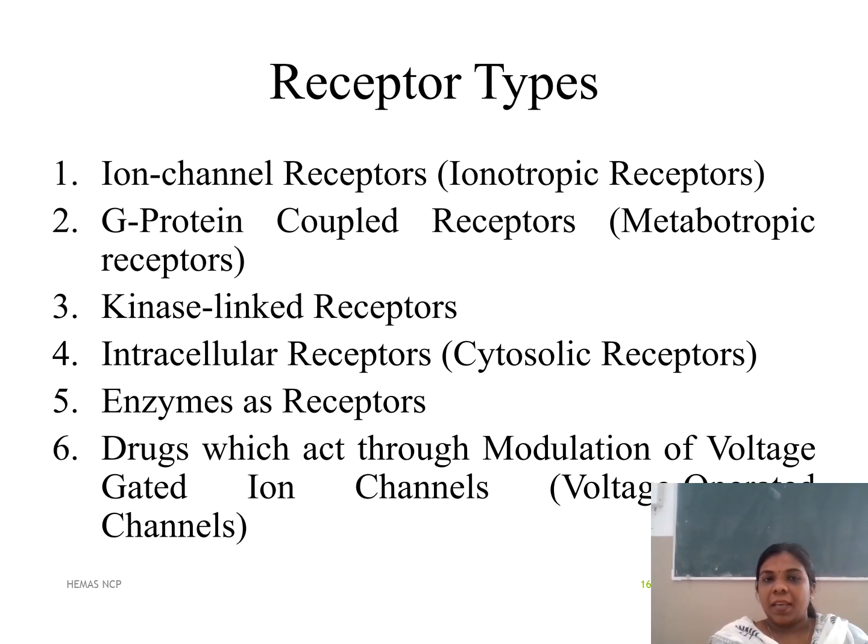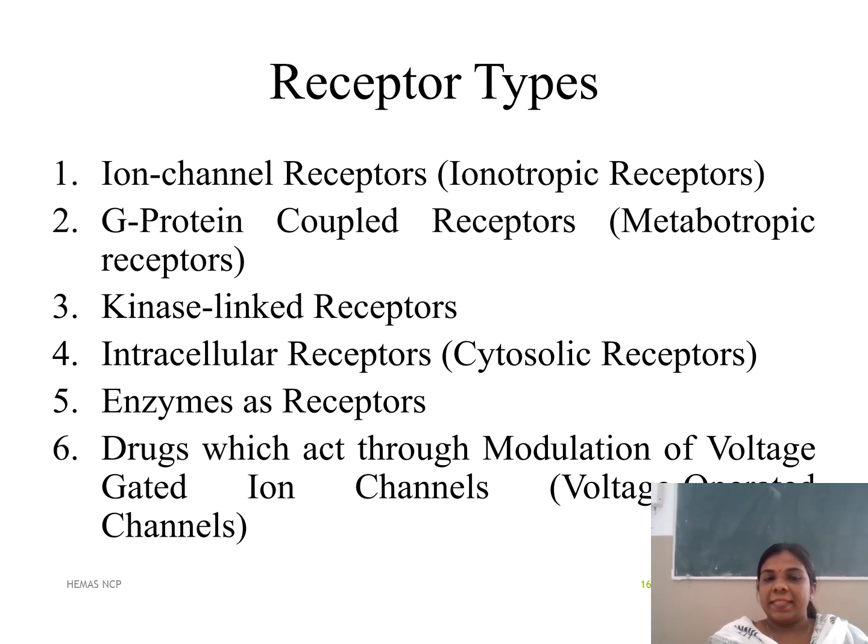Receptor types. There are mainly six kinds of receptors. First one is ion channel receptors, otherwise known as ionotropic receptors. And G protein coupled receptor, known as metabotropic receptor. Kinase linked receptor. The next one is the intracellular receptor, known as a cytosolic receptor.